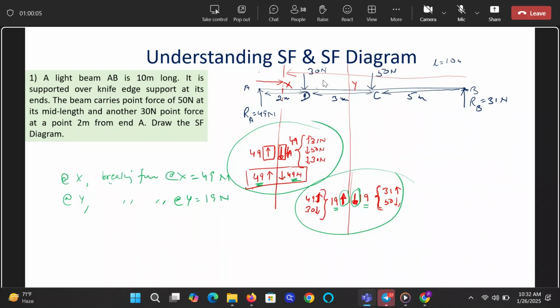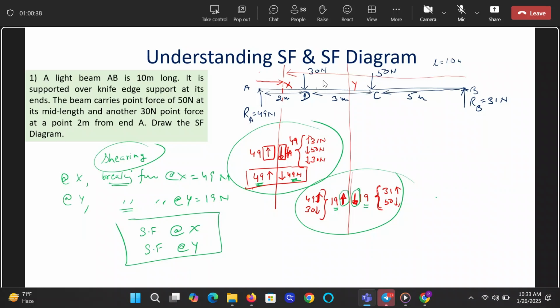Guys, in English, another name for breaking is shearing. Shearing means breaking. So this force which is trying to break the beam at X, 49 newtons, is the shearing force at X. This 19 newtons at Y, which is trying to break the beam, is the shearing force at Y. So what is the shearing force?